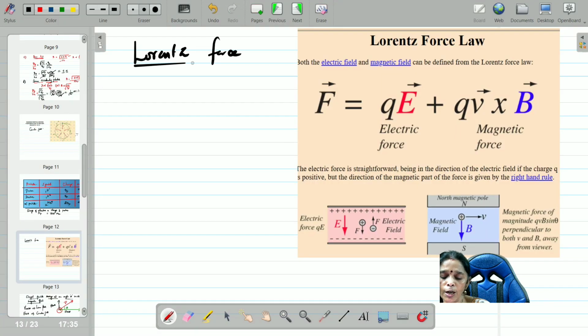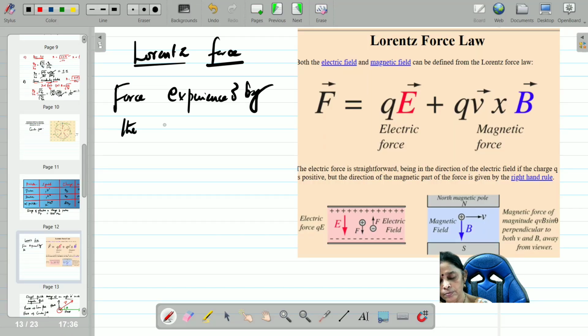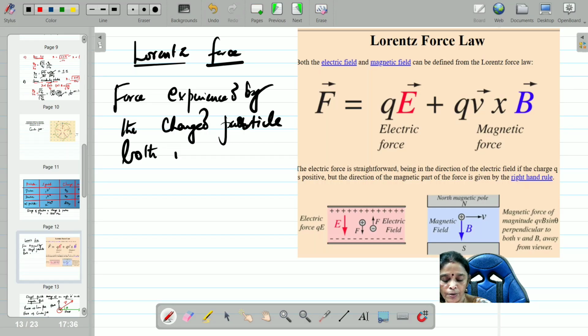What is the difference between the Lorentz force and the magnetic Lorentz force? The magnetic Lorentz force is only for the magnetic field, whereas the Lorentz force is for both the electric and magnetic field. It is the force experienced by the charged particle in both electric and magnetic fields.